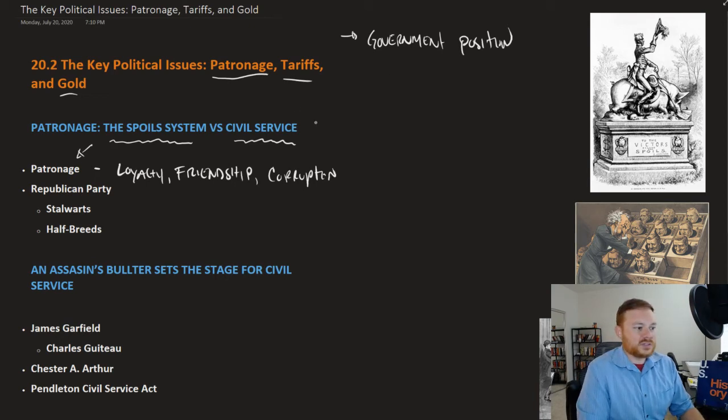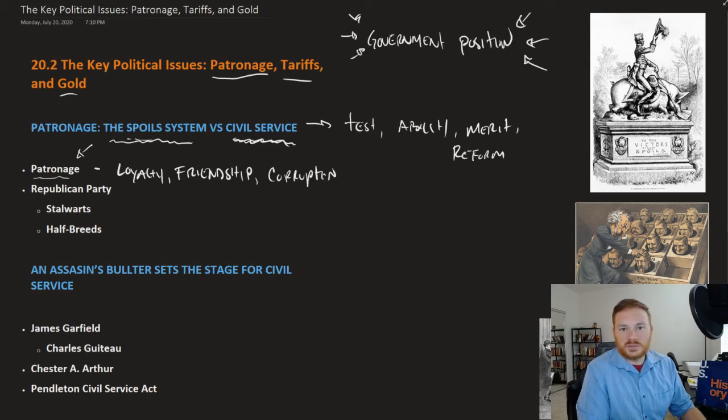The civil service side favored more of something like a test, ability, merit. They were more for reforming the corruption that was being had there. So, the idea of who should staff the government and how they should be staffed, whether it should be through spoils systems or patronage, or should it be done through civil service, was of course a major issue.